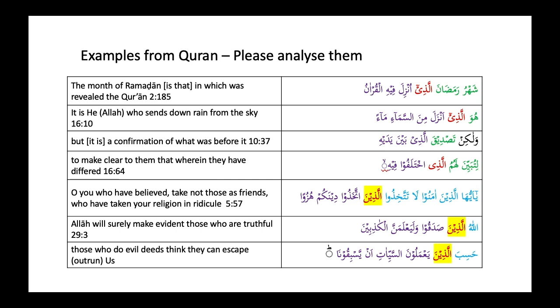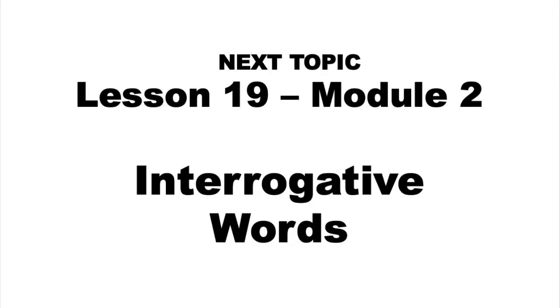And in this context, the antecedent or the subject of allazina is implicit or hidden. Am hasibal lazina ya'malunas sayyi'ati an yasbiqunaa. Those who do evil deeds think they can escape us. Again, in this context, the antecedent or the subject of allazina is implicit or hidden.